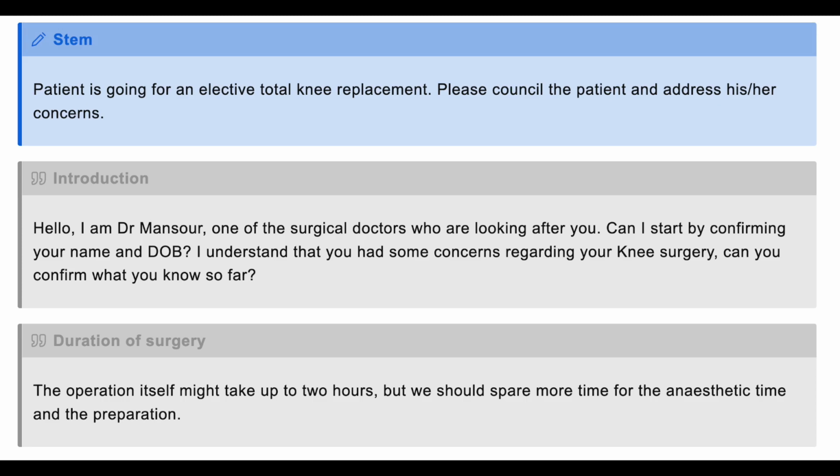Yes, actually, let me describe the procedure for you. So what we do in this is we make an incision, a cut at the front of your knee, and after that we expose your knee joint. This is basically a combination of the three bones, the femur, which is your thigh bone, the tibia, which is the bone of your leg, and the patella, which is your kneecap basically.